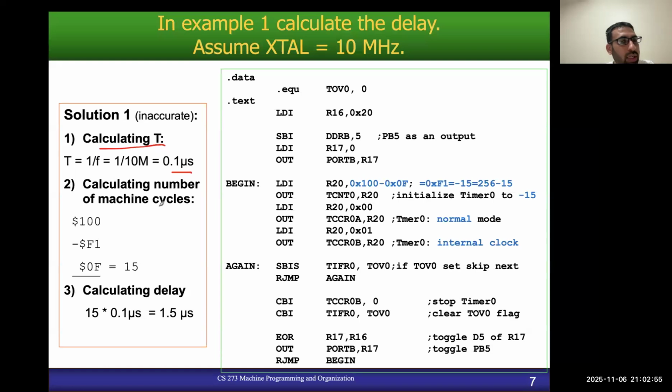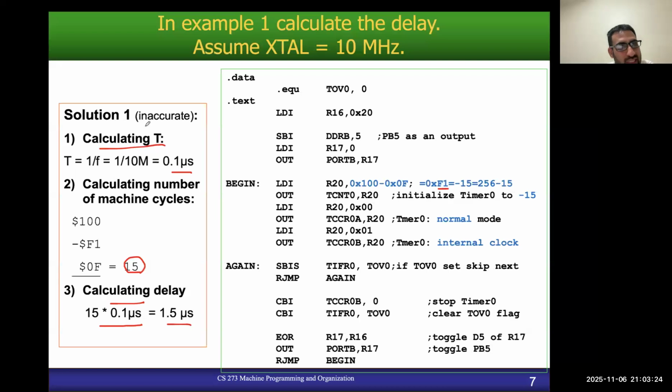Second, you need to calculate the number of machine cycles for which you will wait before the overflow happens. If you put an initial value of 0xF1, after 15 machine cycles there will be an overflow, so the total delay will be 15 times 0.1 microsecond, equal to 1.5 microsecond. So this will be the total delay.